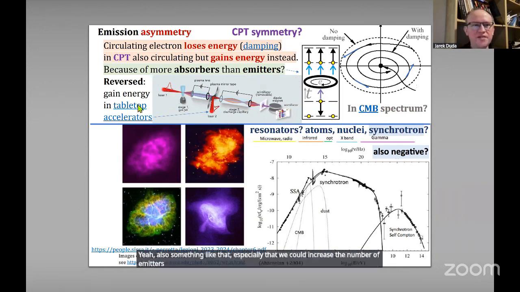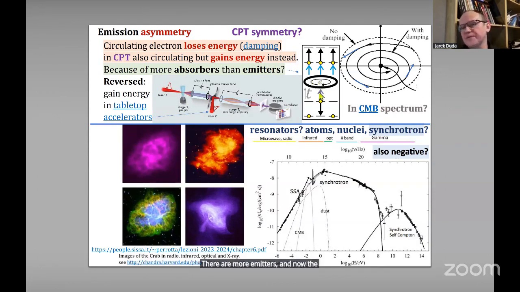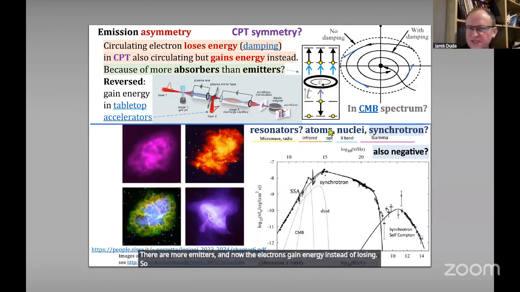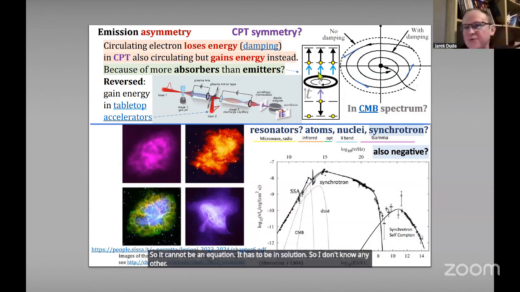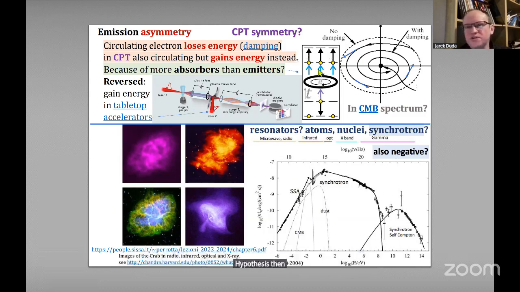So there are now these top accelerators where there are more emitters, and now the electrons gain energy instead of losing. So by putting more emitters there, we can reverse this asymmetry. So it cannot be in the equation; it has to be in the solution. I don't know any other hypothesis than just the asymmetry because of more absorbers than emitters.